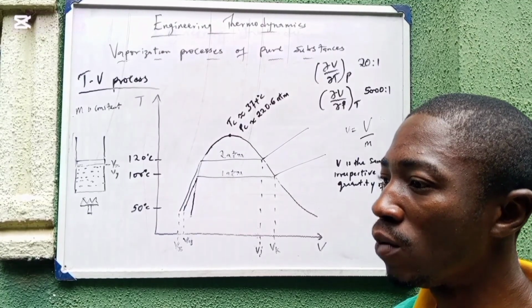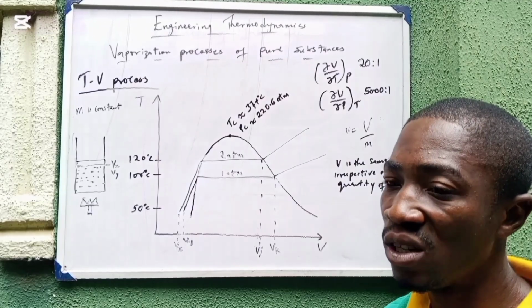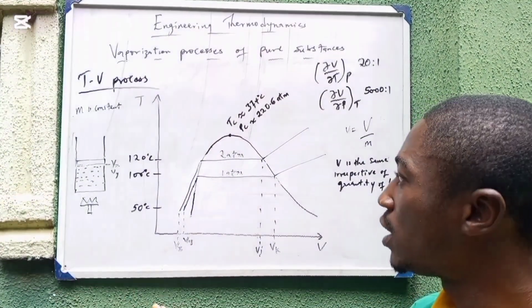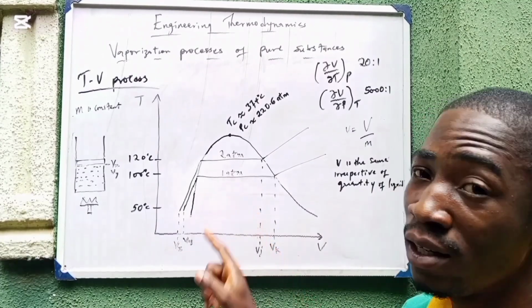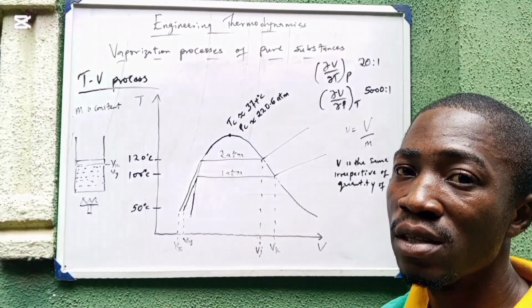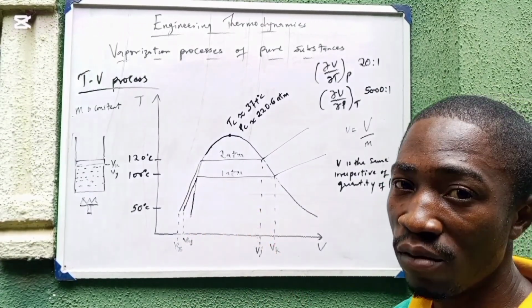But when you're working with specific volume, it is constant, irrespective of the amount of water you're working with. So if we are working with 2 liters of water at a pressure of 1 atm, we'll have the same graph. If we are working with 10 liters of water at 1 atm, we will have the same graph.